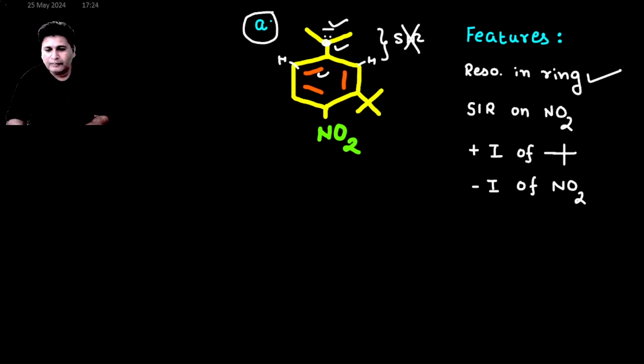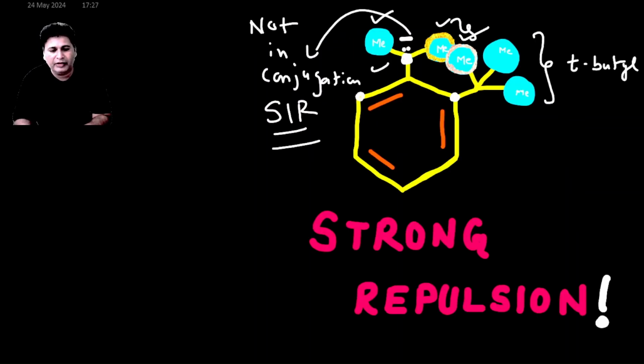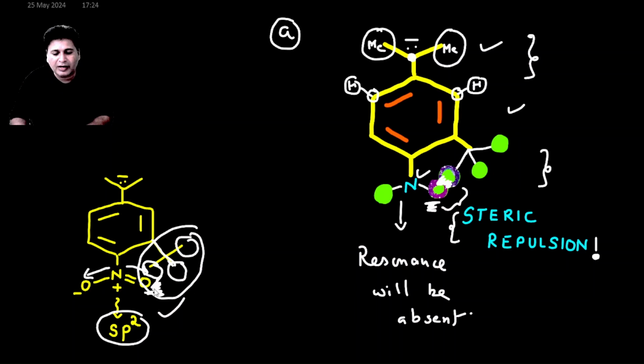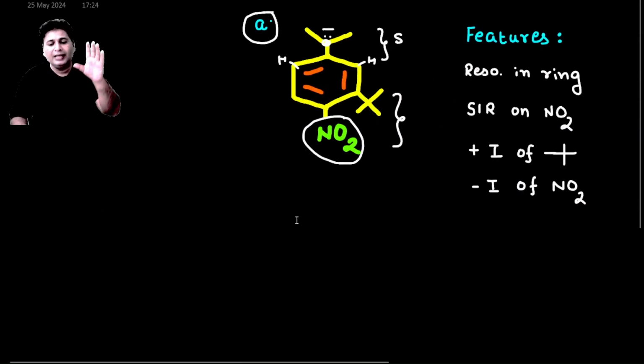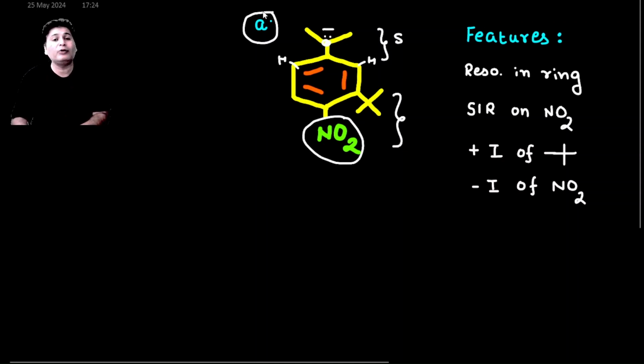Now what next? The next thing is, you understand, the bottom portion, if you try to see, I have just explained that this NO2, when it tries to remain like this, as it tries to remain in the plane of the benzene ring, there is a repulsion, and because of that repulsion it tilts, and as it rotates, it becomes perpendicular to the pi system of the benzene ring.